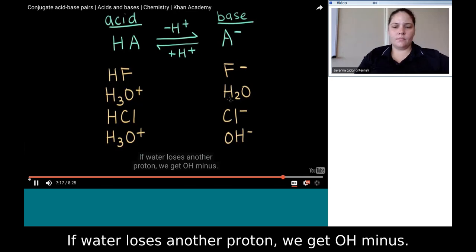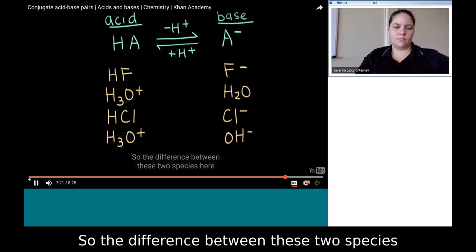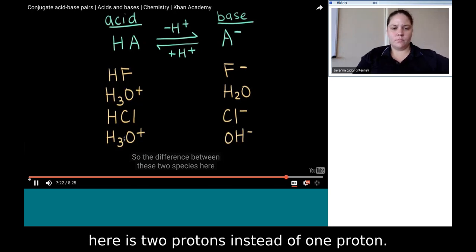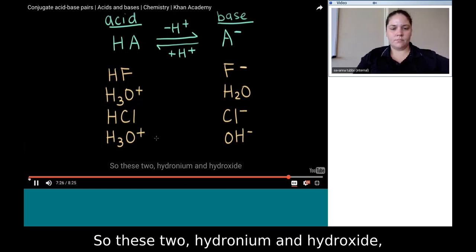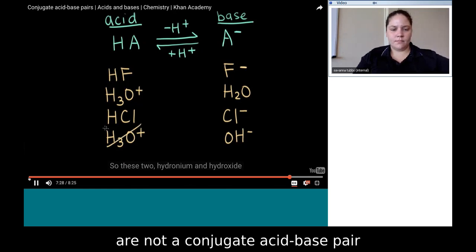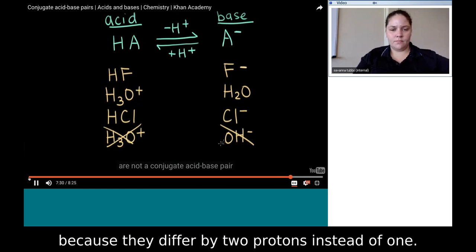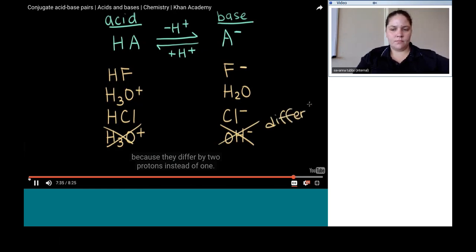If water loses another proton, we get OH minus. So the difference between these two species is 2 protons instead of 1 proton. So hydronium and hydroxide are not a conjugate acid-base pair because they differ by 2 protons instead of 1.